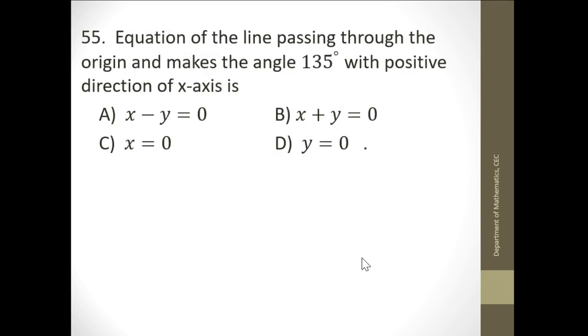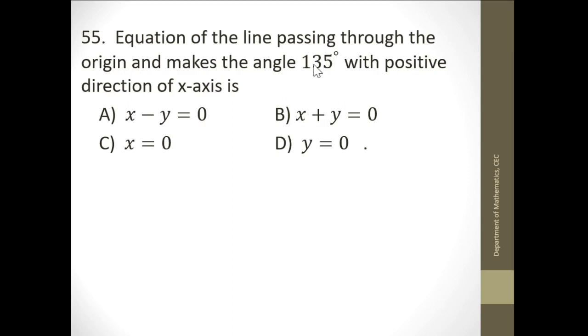That's all. Next question. Equation of the line passing through the origin and making the angle 135 degrees with positive direction of x-axis. Now, you know that the equation of the line is y equal to mx plus c. But here, passing through the origin means y-intercept is 0. Therefore, y equal to mx. m is tan of 135 degrees.